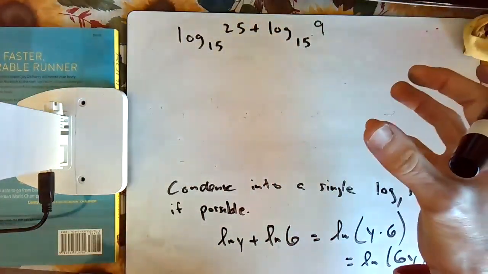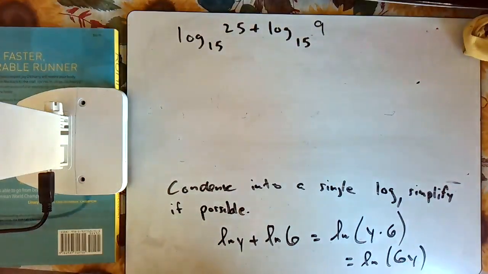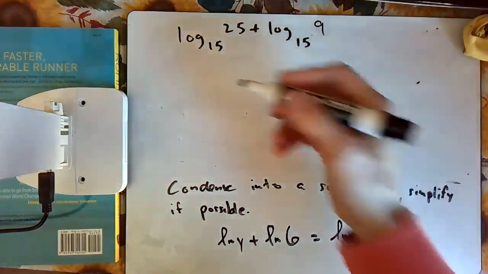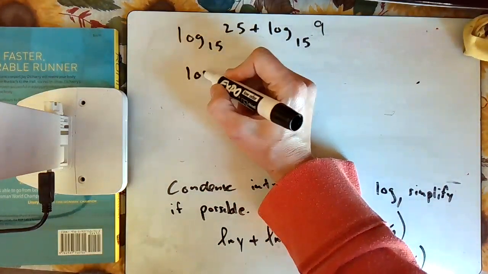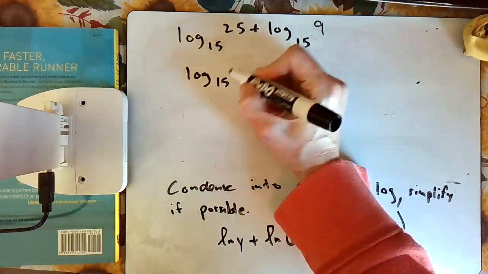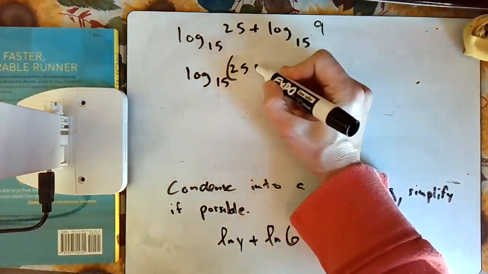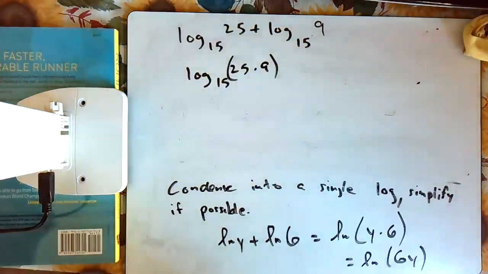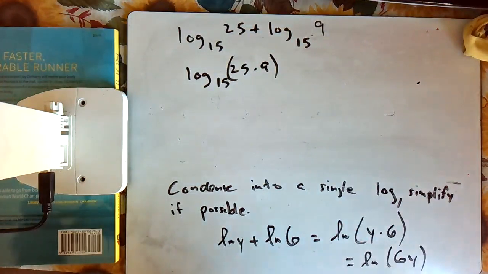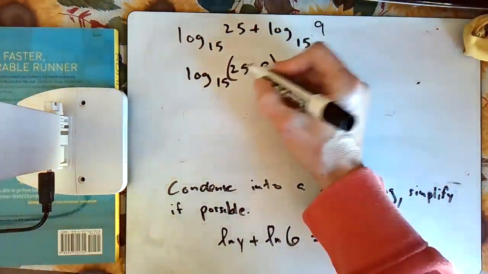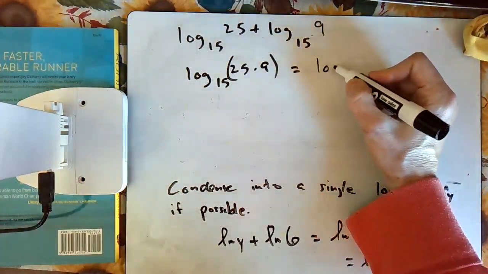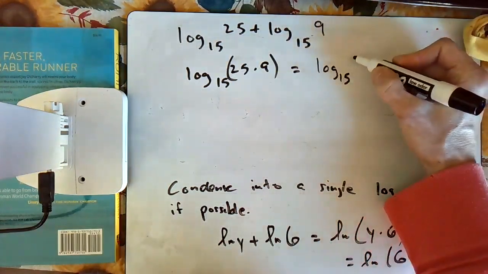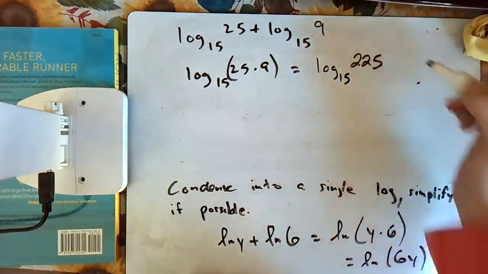So adding with logs corresponds to what property with the logs? The product rule. So we're going to have log base 15 of 25 times 9. Let's simplify that. What is 25 times 9? This is log base 15 of 225.